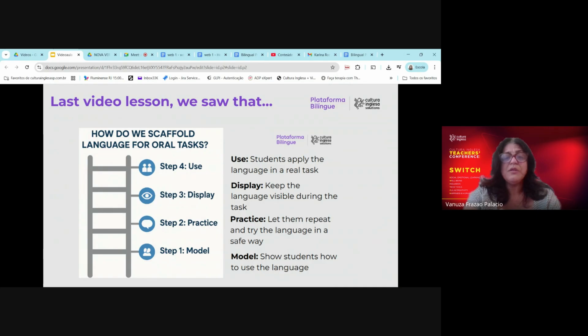So first, I will introduce this language to the students by saying it, by using it. So students have the first exposure to it. So for example, I'm in the middle of a task and I ask João, can I borrow your pen? I ask Maria, can I borrow your pencil? So students are exposed to the model when I use it.